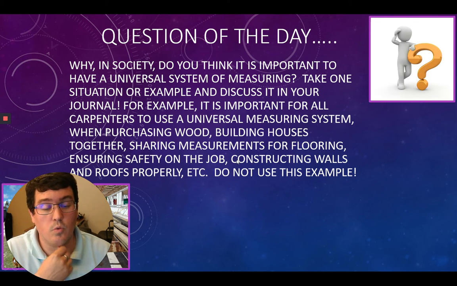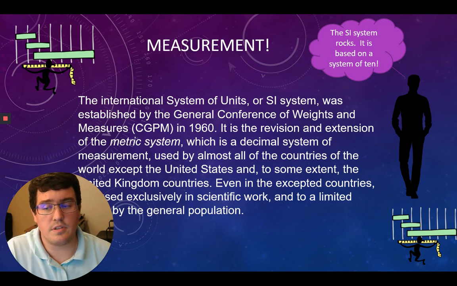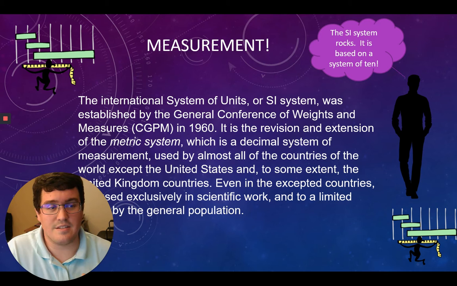So what do we use as scientists as measurement? Well, we use something called the International System of Units, or the Système International, which is indeed French. It is abbreviated the SI system, and that was established by the General Conference of Weights and Measures back in 1960.